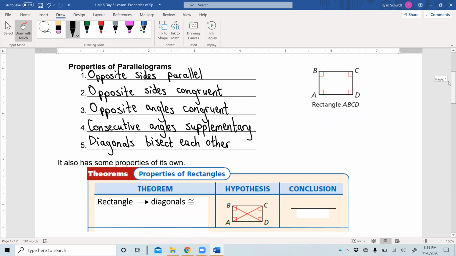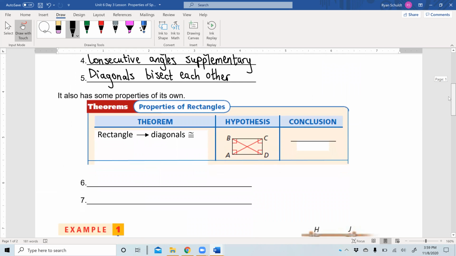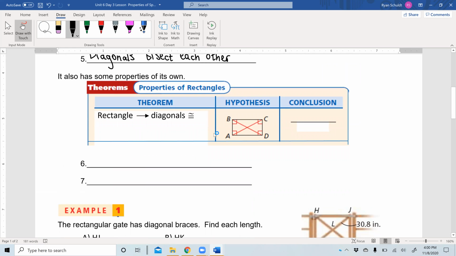This is now the third day we've talked about them. So hopefully they're starting to sink in. Okay, so for a rectangle, of course, they have properties of their own as well. So namely, on a rectangle, not only do the diagonals bisect each other, but they are congruent.